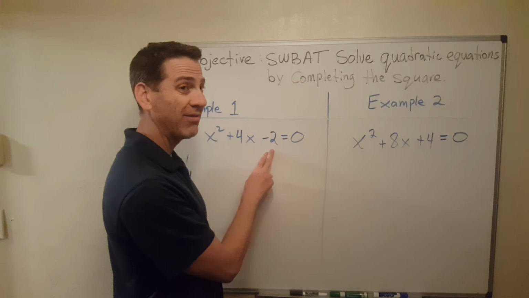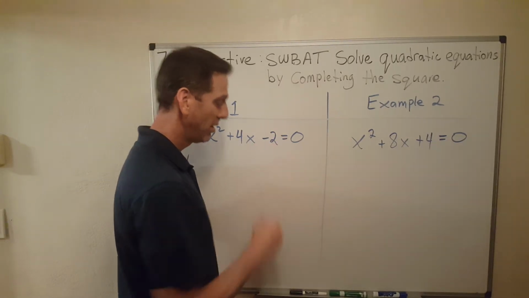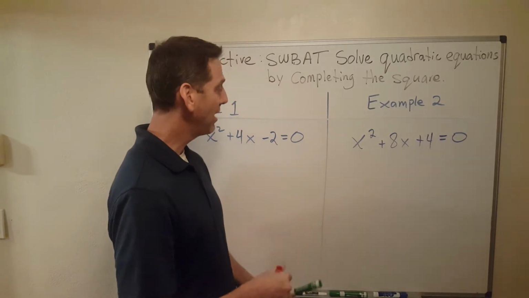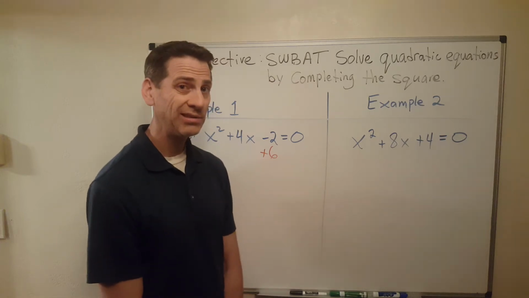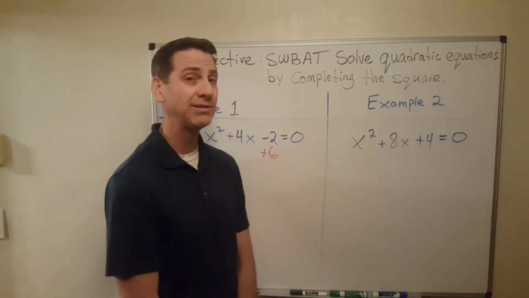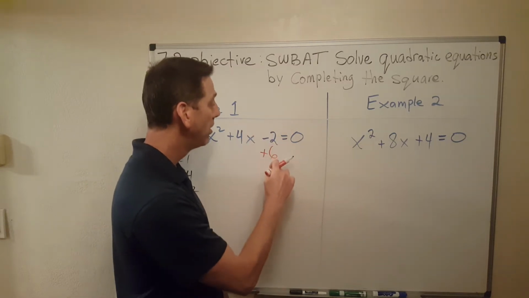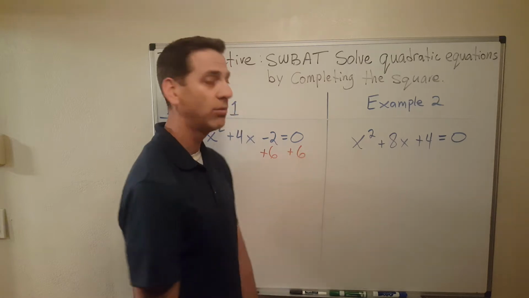Well, if we only added 4, that would only make this 2, right? So in order to make this a 4, we need to add 6, because negative 2 plus 6 is 4. We want this to be a 4. So we added 6 to the left, and we have to also add 6 to the right.